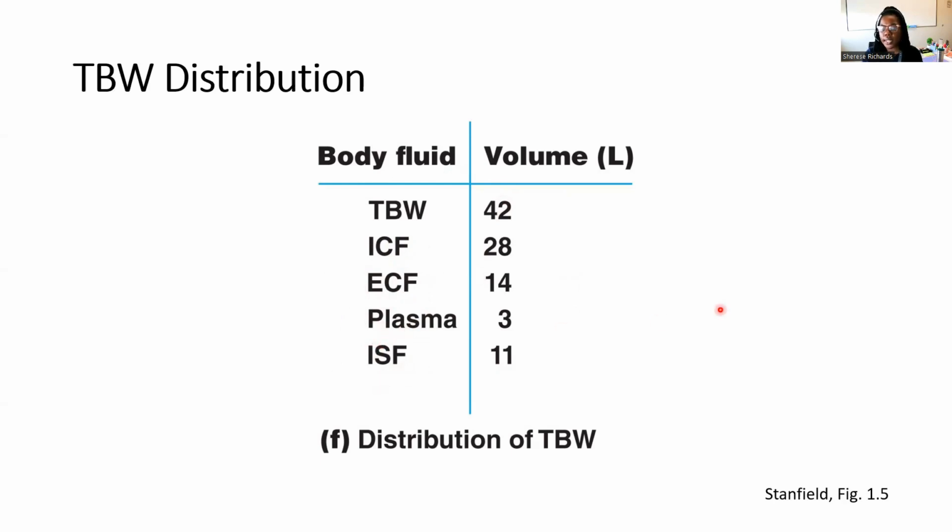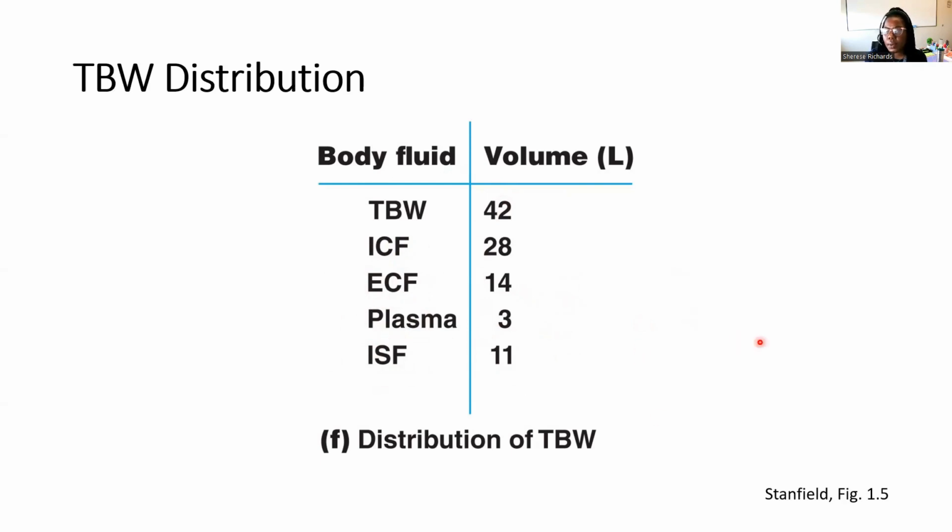I also do want you to take away that plasma is the smallest component here. It's the least amount of water in our body. That's going to be the water inside our blood vessels that is around our red blood cells.